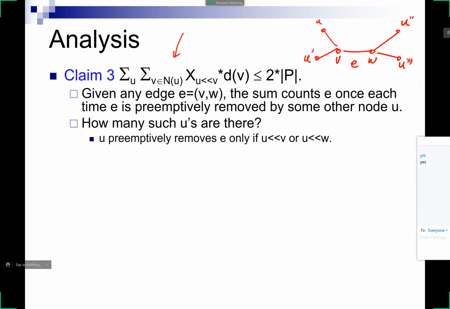However, are these U nodes actually going to all remove V?